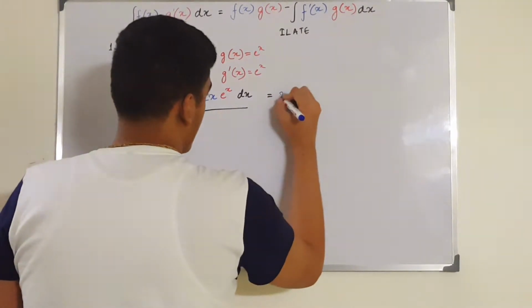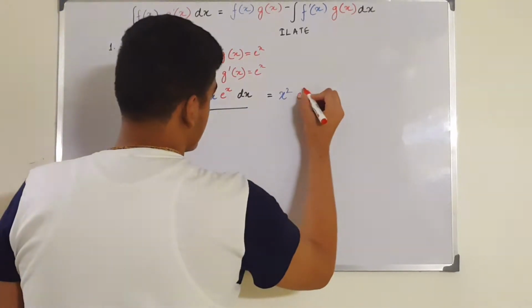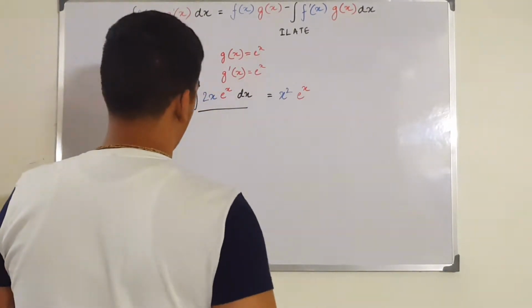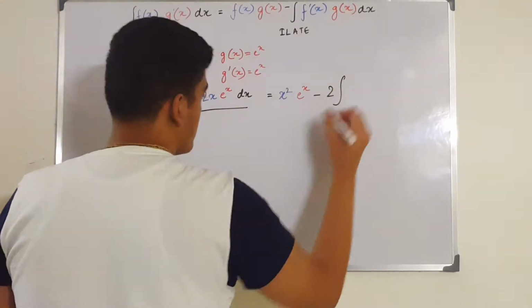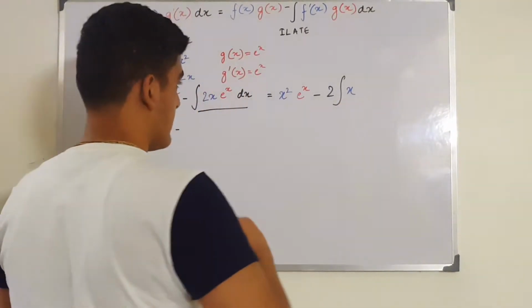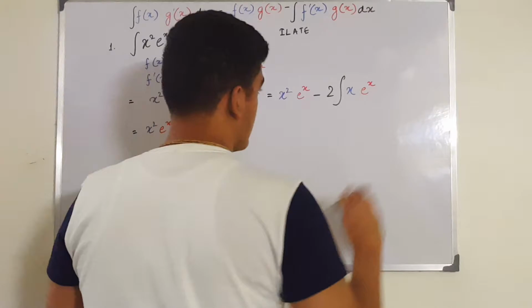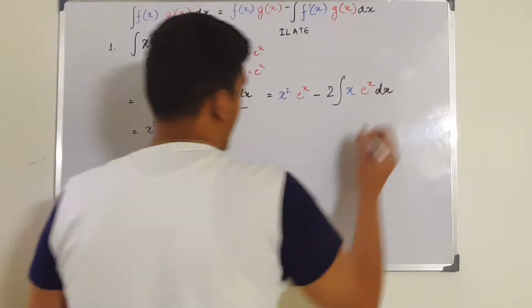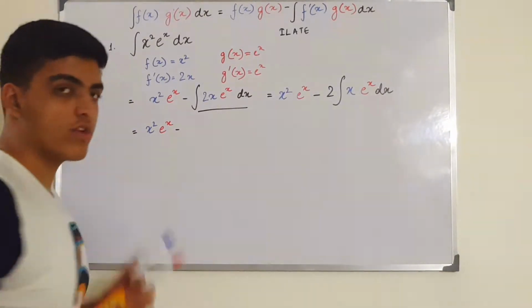We have x squared e to the power x minus 2 into x e to the power x dx. This term is what we're going to integrate now.